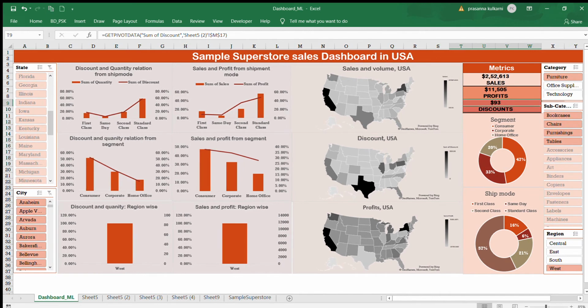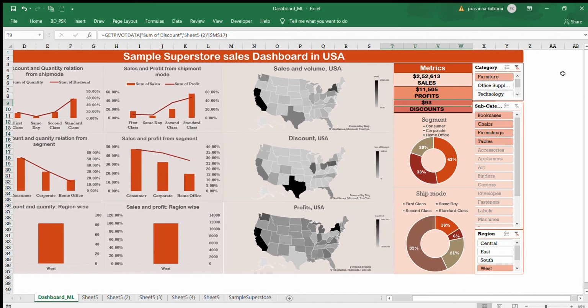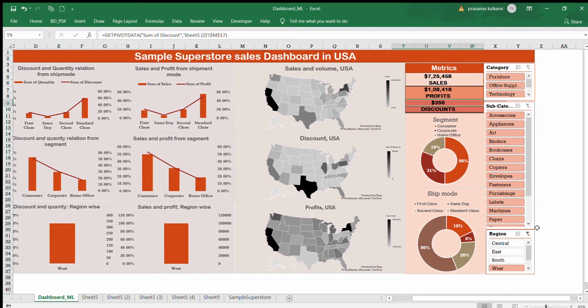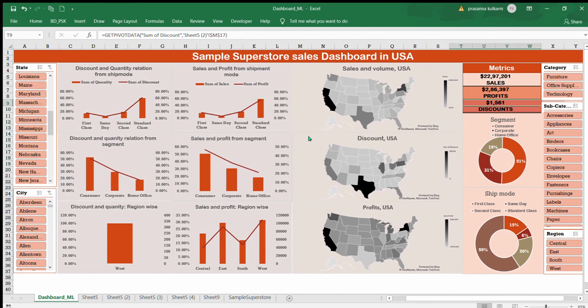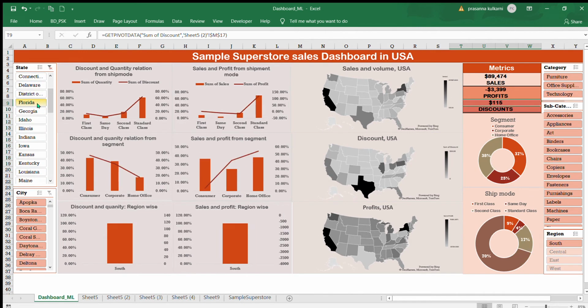Even we can go state-wise, where let's select Florida. What are the sales obtained from Florida, the profits obtained from Florida, the discounts offered for all the categories in Florida state. The profits are very much low.